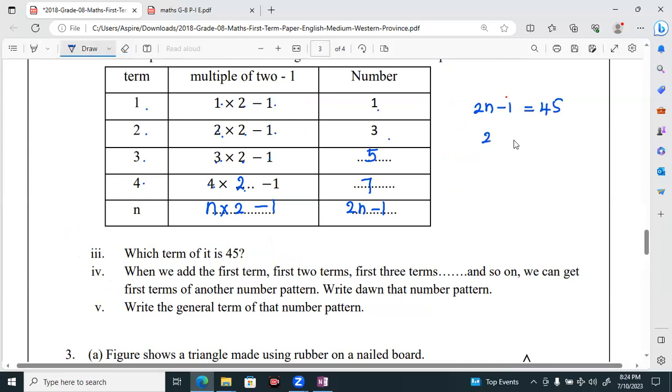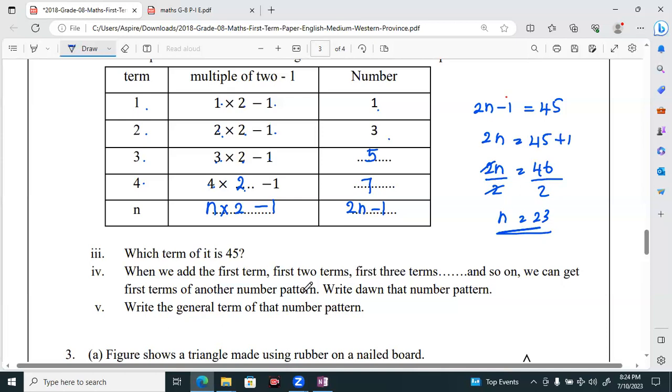Then 2n equals 45 add 1. 2n equals 46. Divide both sides by 2. n equals 23.